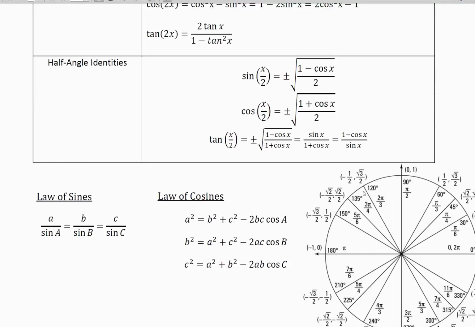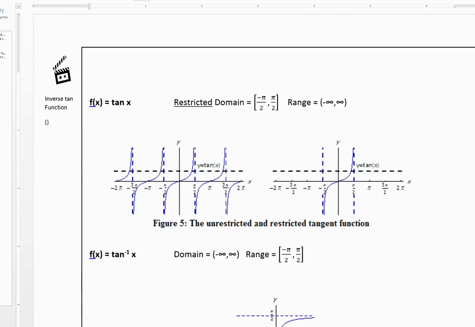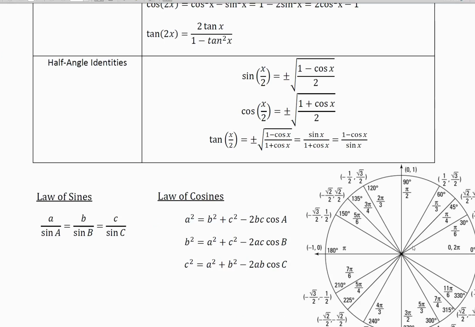So that would be at 120 degrees. Now, I should point out that it would also happen here at 240 degrees, but that's not in our upper hemisphere. So even though it'll happen more than once, we only want the angle where it's up in this top half between 0 and pi, or 0 and 180 degrees.